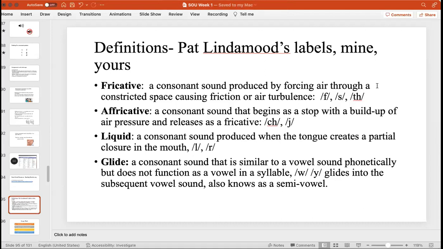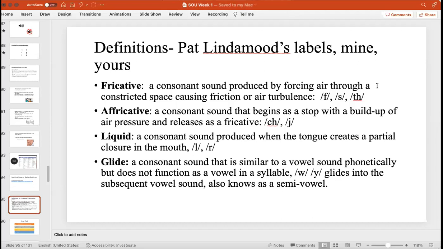What holds it back? Your lips or your tongue? I think your tongue. Yes. Okay. Lips are open, aren't they? Yeah, it took me a second. They couldn't hold it back. Okay, so an affricative is like a combination of a plosive and a fricative.